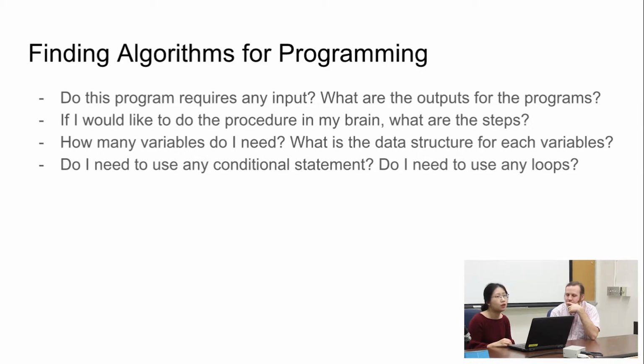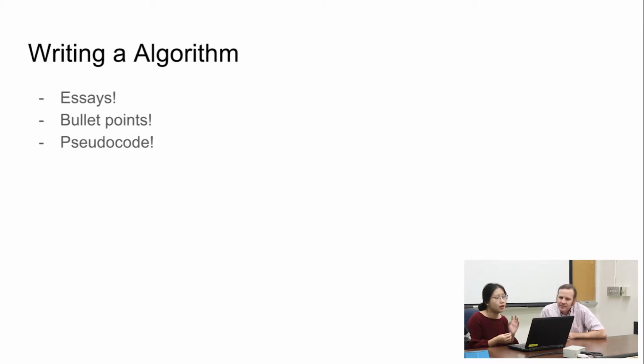Okay. So we learned about the questions you have to think about. Now it's time to go through some very simple examples to answer these questions. I know we already answered some of them, but we need more practice. So how do you write the algorithm? Because we haven't reached how to write a program yet, you can do it in essays, bullet points, or pseudocode.